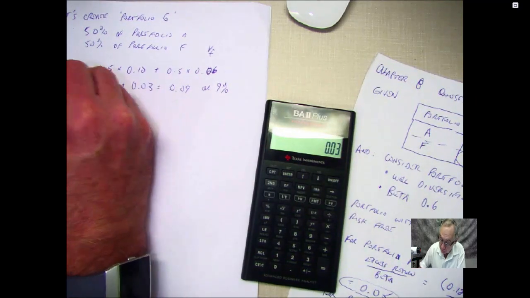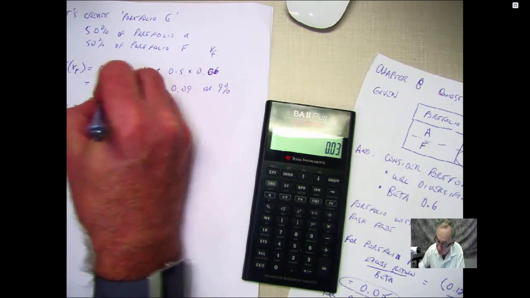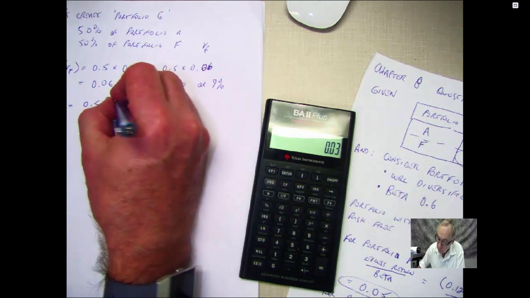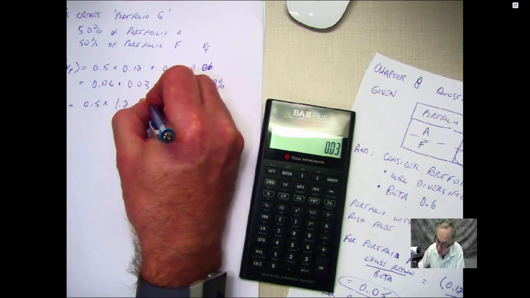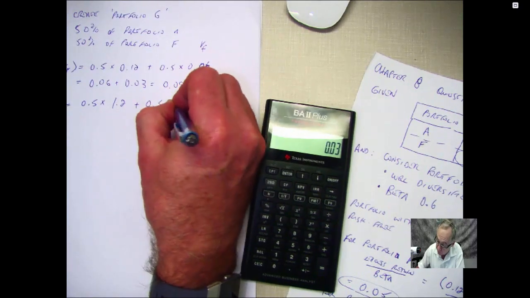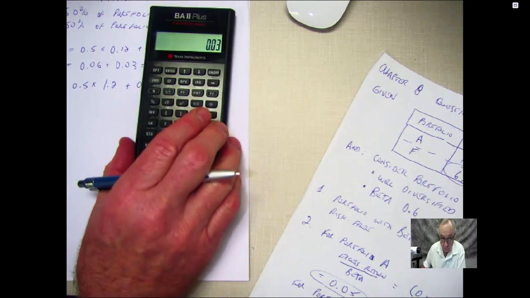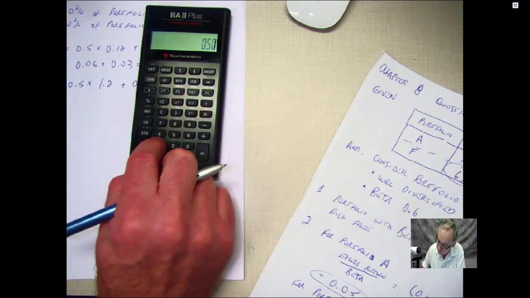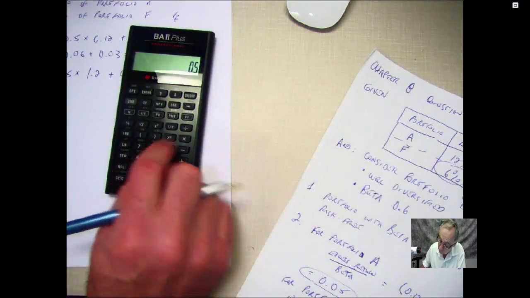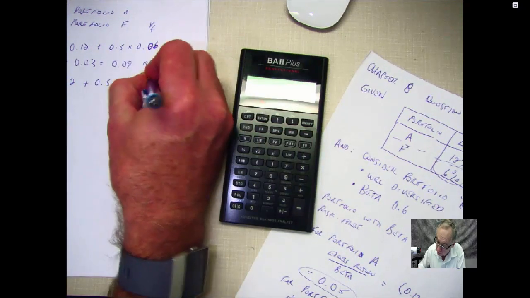And then beta for portfolio G is also going to be 50% times beta for portfolio A and 50% times beta for the risk-free rate, which is 0. 0.5 times 1.2 is 0.6.